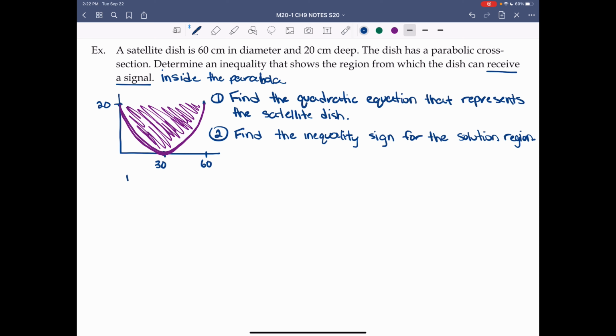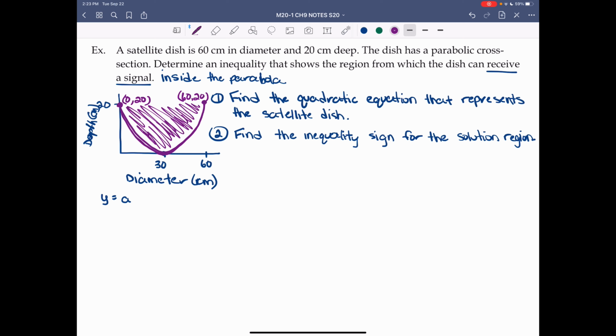Okay, so this was our diameter in centimeters, and this was our depth in centimeters. Let's find an equation for the parabola first. Y equals, using vertex form because we know the vertex. Our y-intercept would be at 0, 20. This point over here would be at 60, 20.